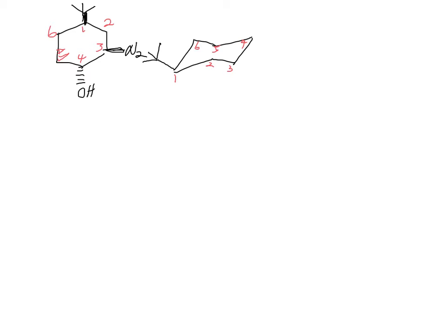Let me change this. All right, sorry. So the N2 and the tert-butyl are on the same side. So the N2 is going to be going up, and the OH is going to be going down. Right? So everything's equatorial in this case.